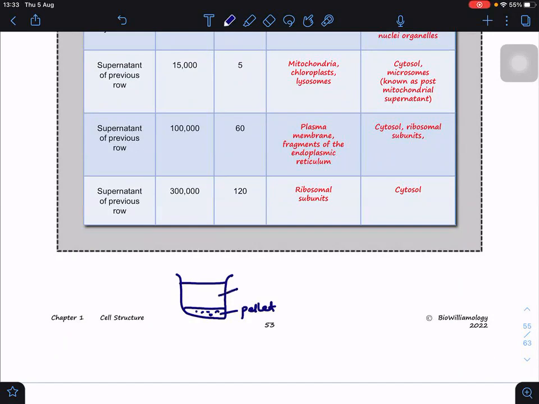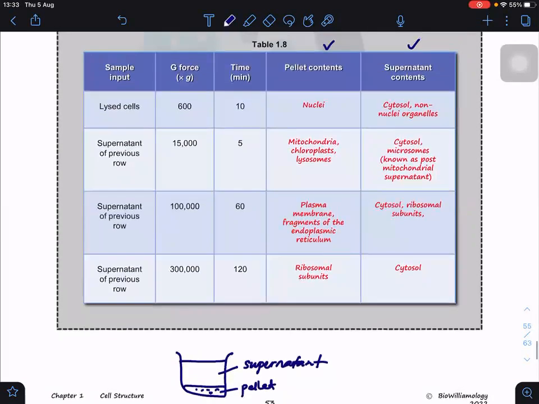And then this one is the solution, right? So the solution here is called a supernatant. So this supernatant will contain something else that cannot sink down. Are you clear? Because the gravitational force is not huge enough to pull them to the lower part of the tube. Okay, do you get the idea now, guys?